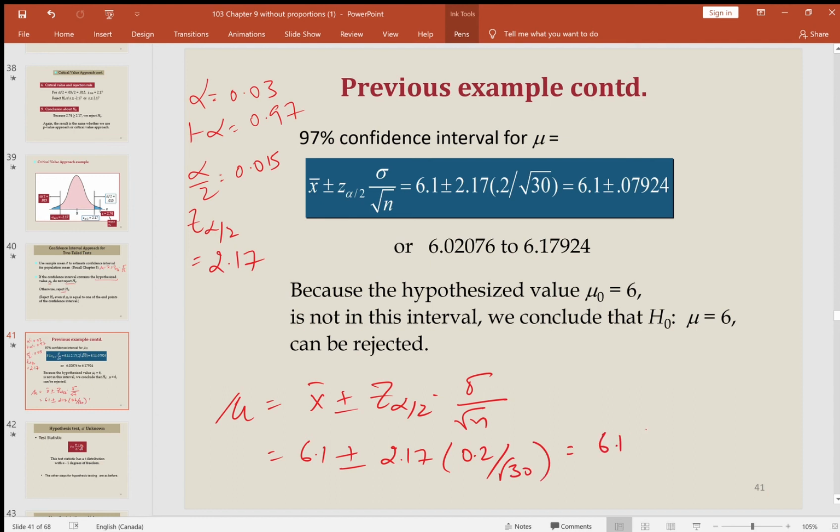This comes to 6.1 plus minus 0.07924, and it ranges from 6.02 to 6.1. Because the hypothesized value mu naught is 6 and it does not lie in this interval, we conclude that the null hypothesis can be rejected.